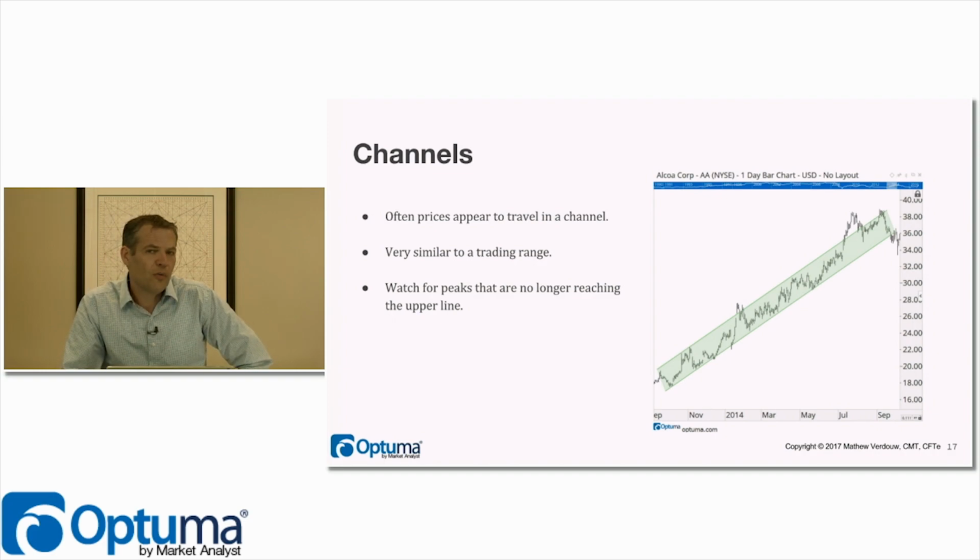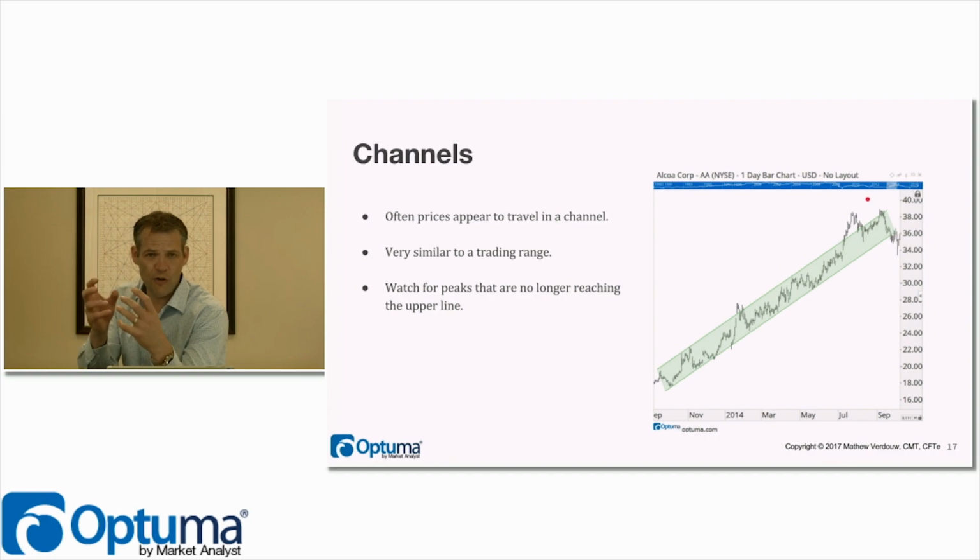The other thing to watch with a channel, and this can be early warning, and I don't know if this example is necessarily giving it. I guess if I had done, let me bring my cursor over here again. If we had drawn the top of our trend line through this point, or our channel, the thing that would have been really noticeable is the fact that this peak didn't reach the top of the channel.